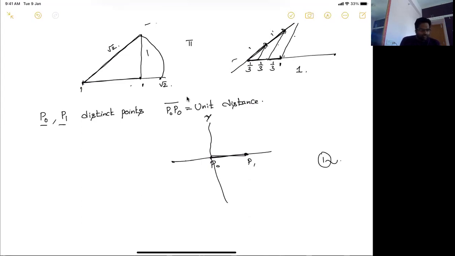So if you take any point x comma y, this has coordinate x and this has coordinate y.